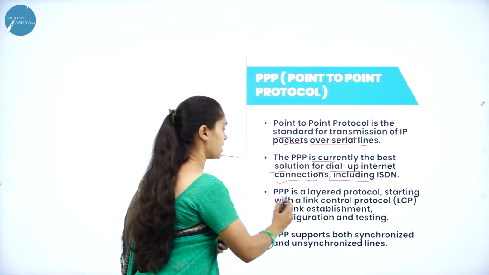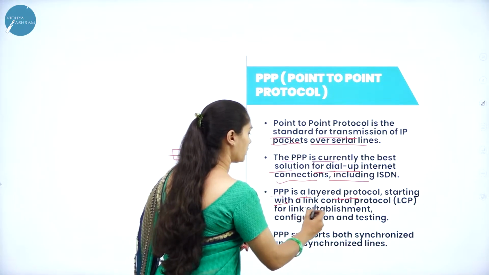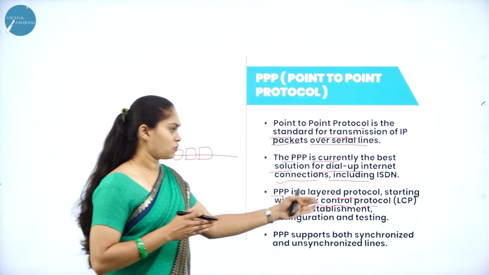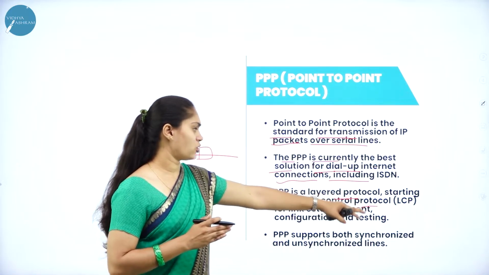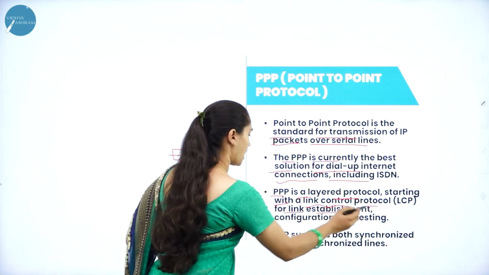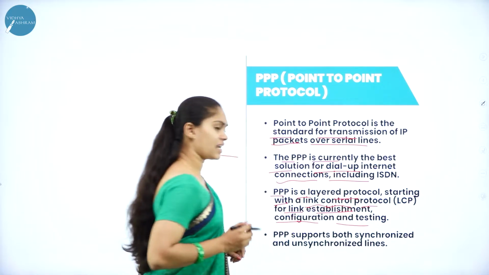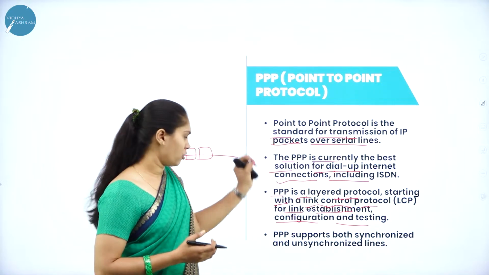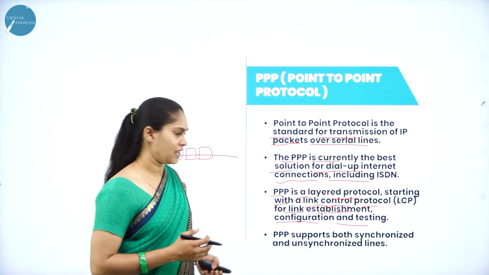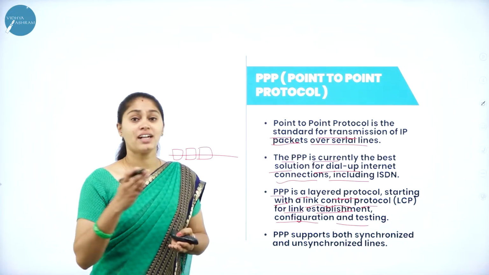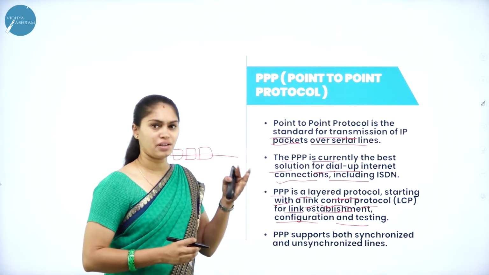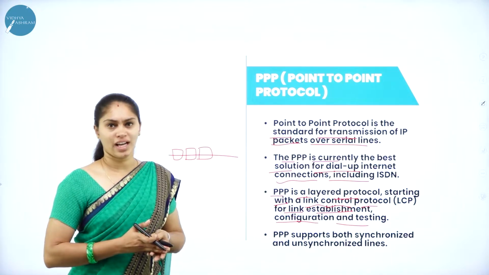PPP is a layered protocol starting with a Link Control Protocol. Initially it was LCP, that is Link Control Protocol, for link establishment, configuration and testing. It checks for the establishment of a link and also the configuration and testing of all those links, whether all the IP packets are sent from source to destination without any changes.